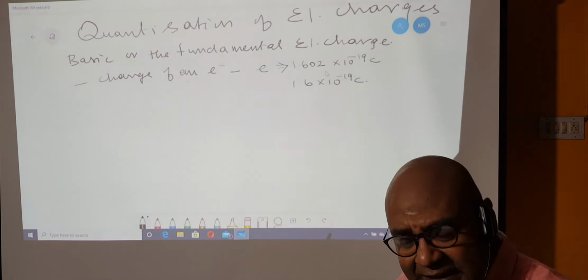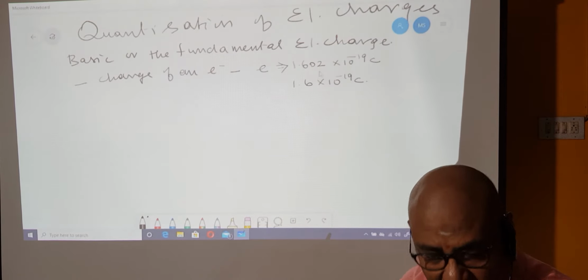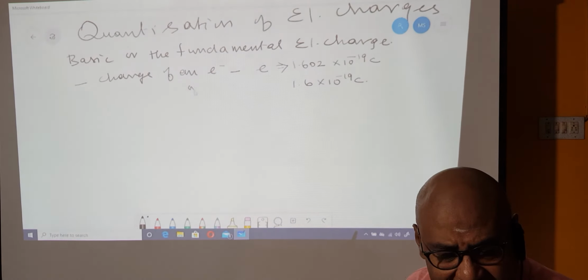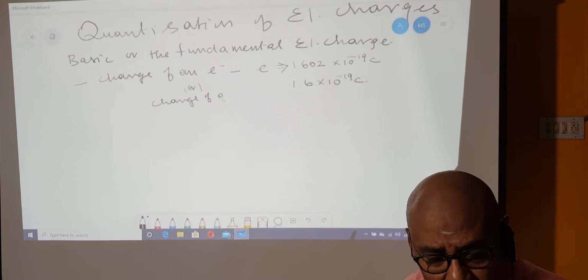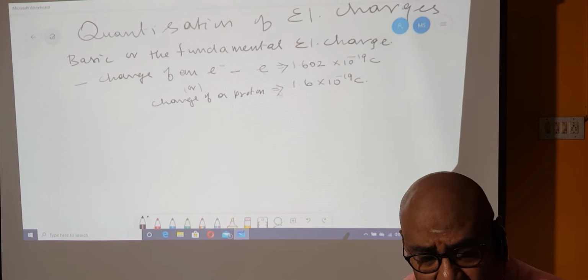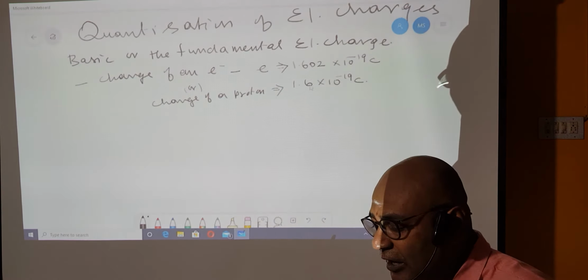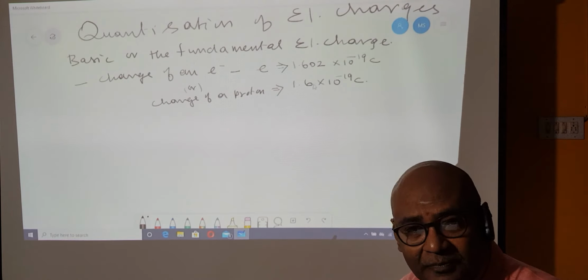The basic electronic charge, the charge of an electron, or you can also say the charge of a proton, is equal to 1.6 × 10^-19 coulomb.